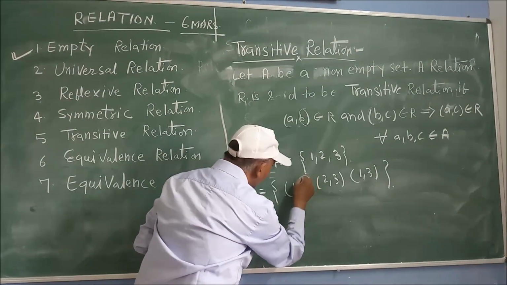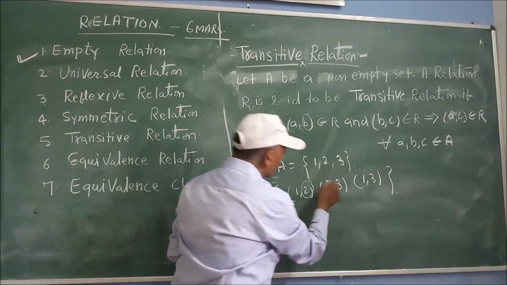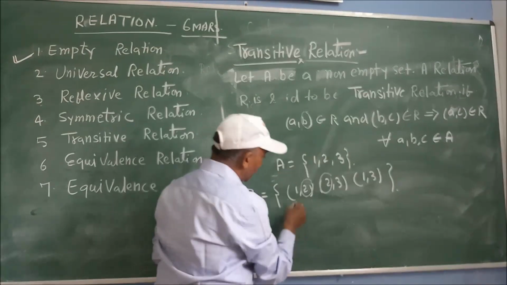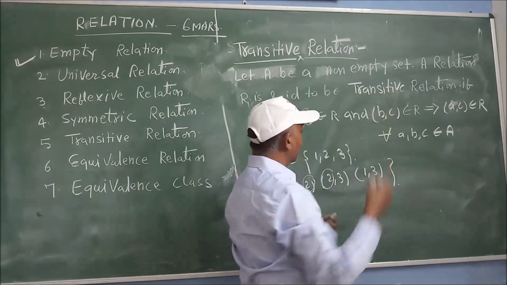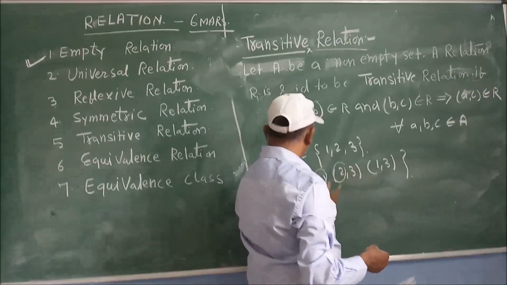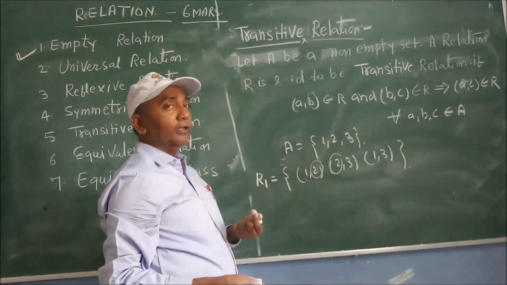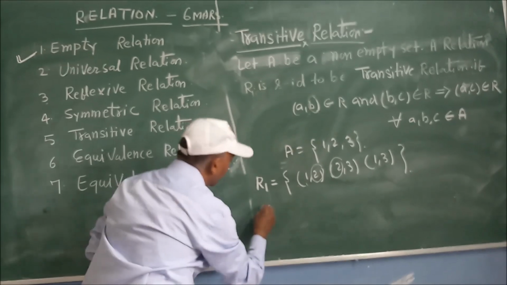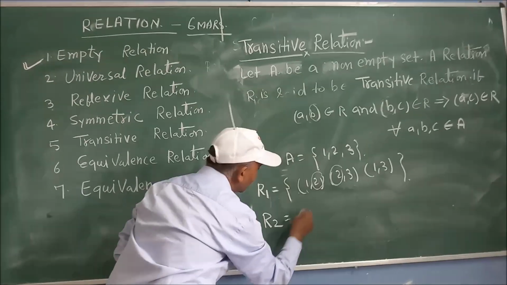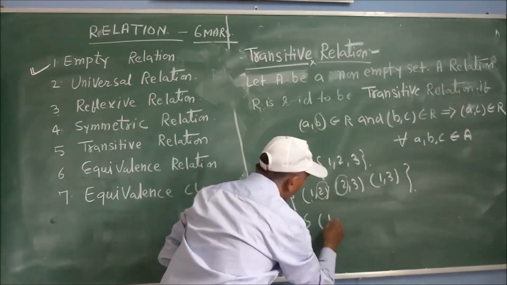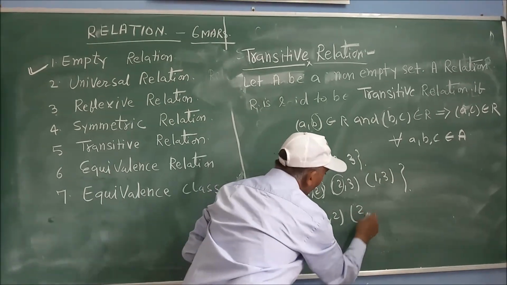See here, इस पहले सेट का सेकंड एलिमेंट, दूसरे सेट का फर्स्ट एलिमेंट अगर ये सेम है तो (1, 3) को यहाँ पर होना चाहिए, और अगर ये जो है इस A के एलिमेंट्स हैं, that means we can say that R1 is a transitive relation. Second, R2, see here, this may be like this: (1, 2), (2, 1).